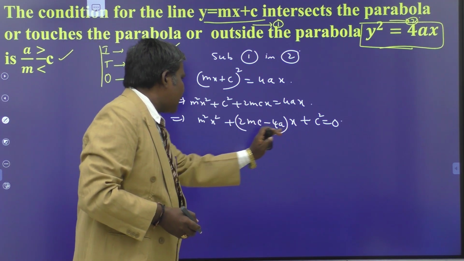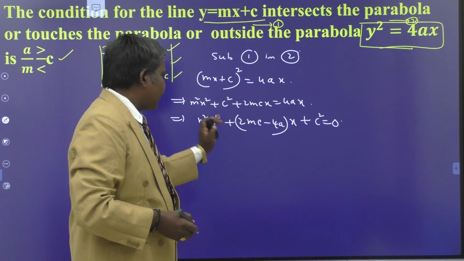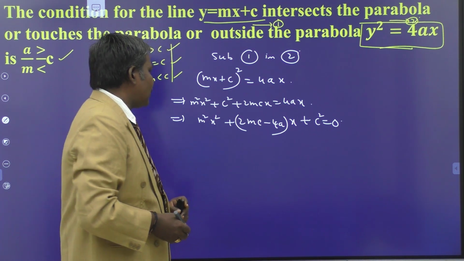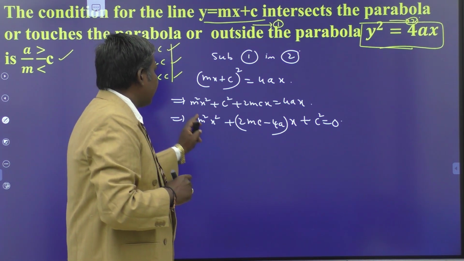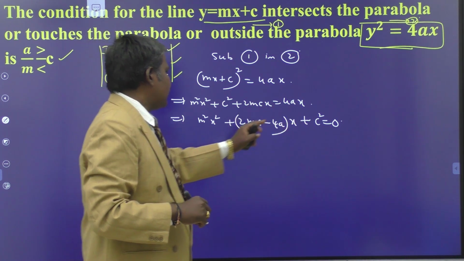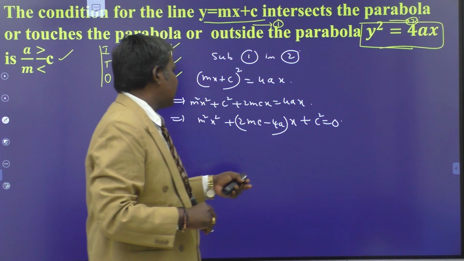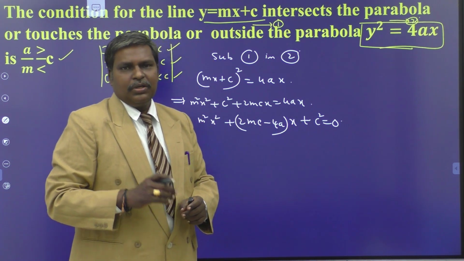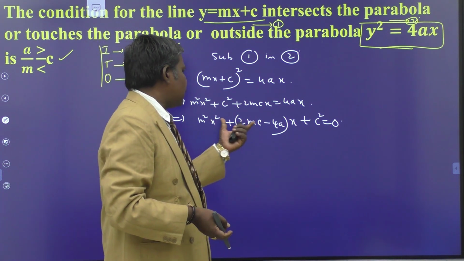So the unknown here is x. That is why you take this as an equation in terms of x, not in m, not in c. These are constants. m is a constant, c is a constant, a is a constant. So the one and only variable here is x. This is the quadratic equation in x.